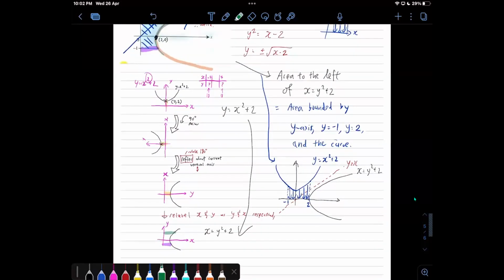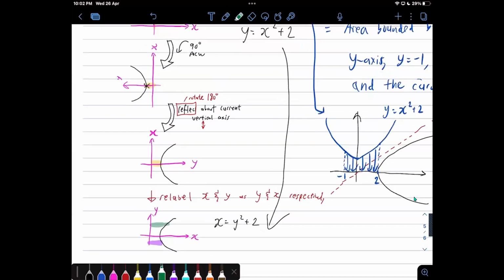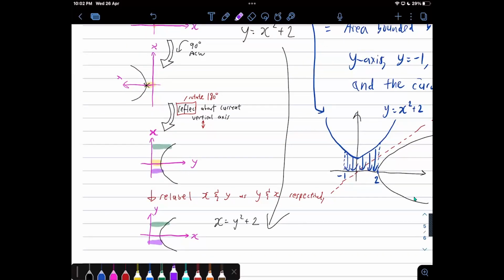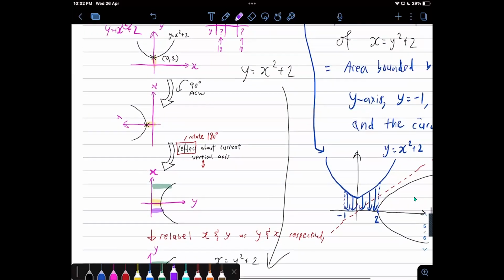That's after relabeling. Let's slowly work backwards. So if +2 is here, -1 will be there. If I reflect it, now that -1 will become there, the +2 will be there, right? Can you see? Reflecting, right?